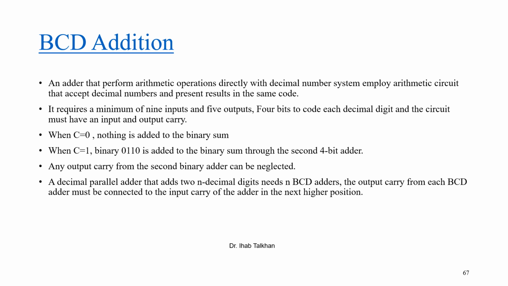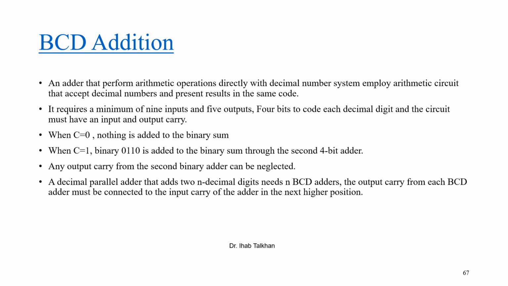One column means that you have to add a maximum of 9 plus 9, which is 1001 plus 1001 plus 1, which will be 19 at most. And now I need to add two numbers in the BCD coding system, which means that you only have digits from 0 up to 9.